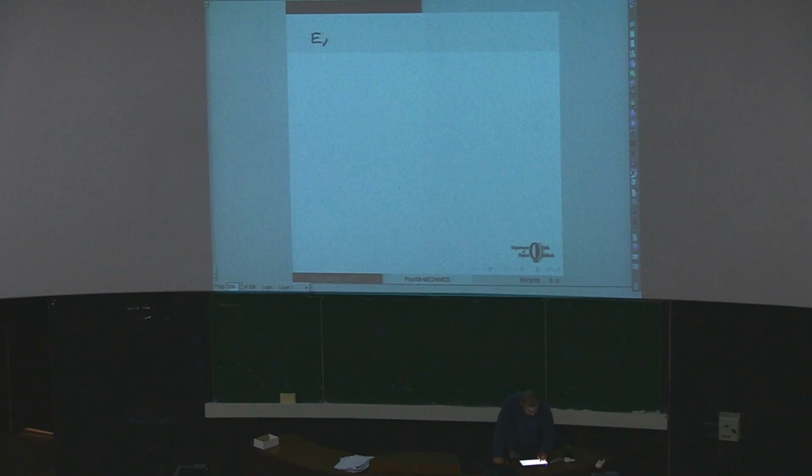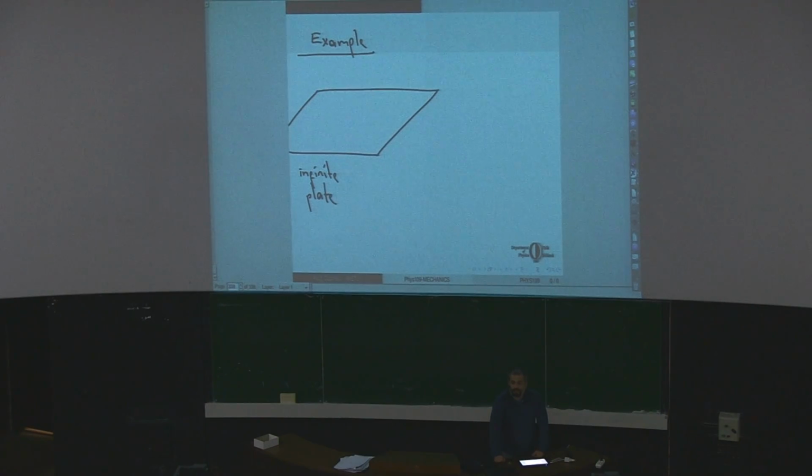Okay, let's do another example. Let's just imagine we have an infinite plate. And this plate has a uniform surface charge density sigma.